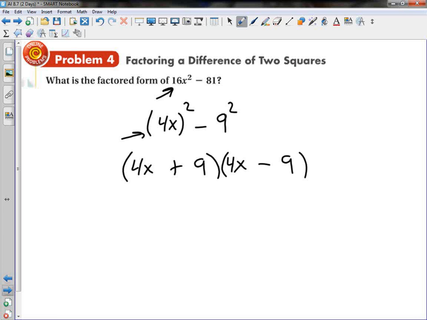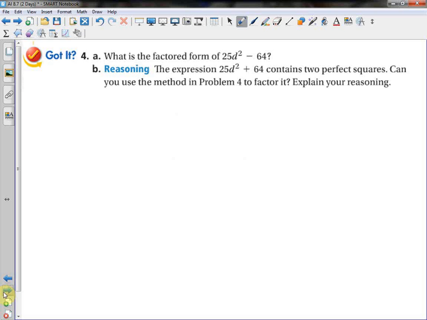But if you need to use AC factoring, that would be okay. I'd strongly recommend learning this method though. All right, here's one for you to try, and please try A and B before moving forward.